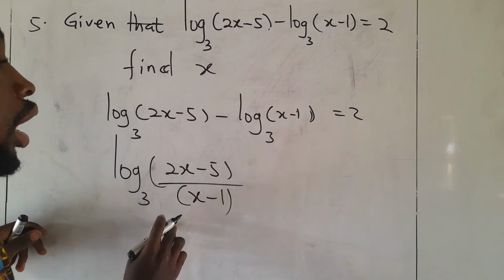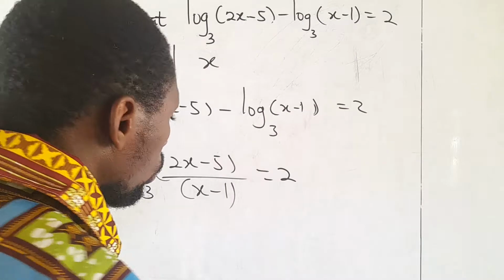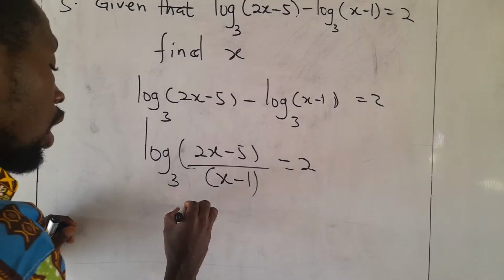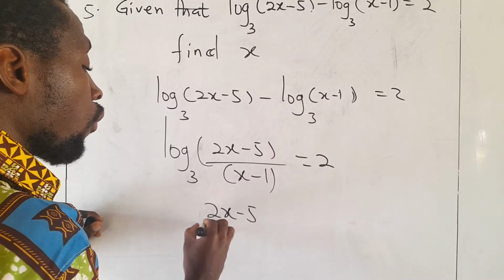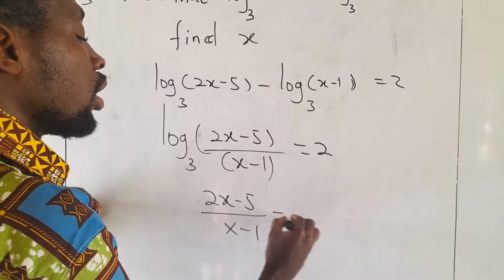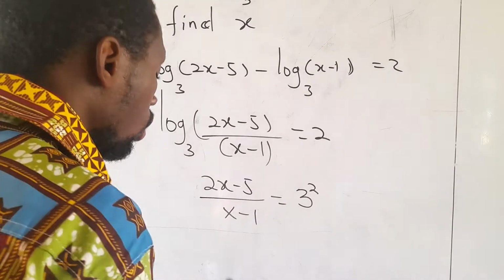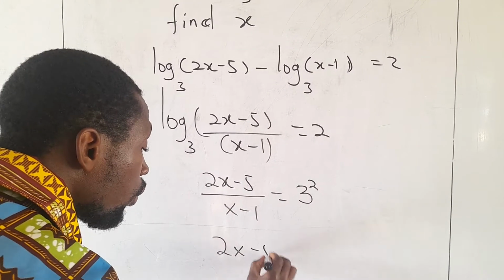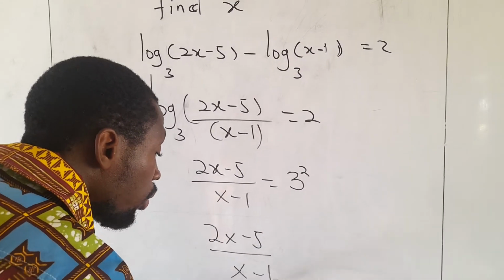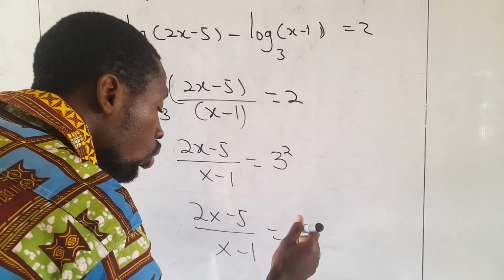Since they are subtracted, we can divide. Is equal to 2. Now we apply that property. Then we can say 2x minus 5 over x minus 1 is equal to 3 exponent 2.